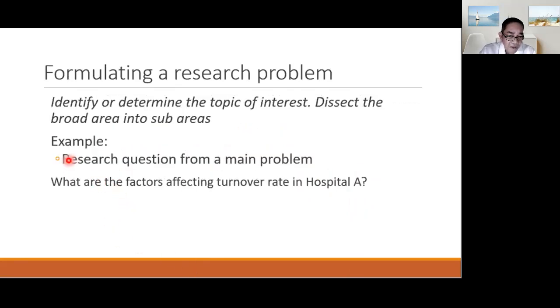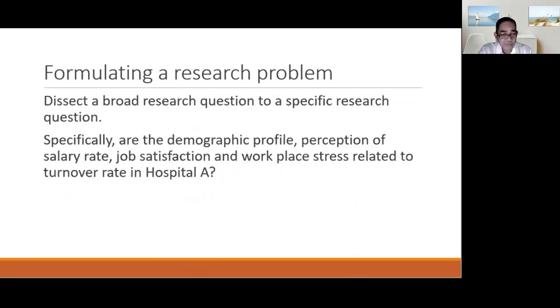For example, a research question from a broad problem: what are the factors affecting turnover rate in hospital A? These factors are rather broad. You need to dissect these factors to make them specific.